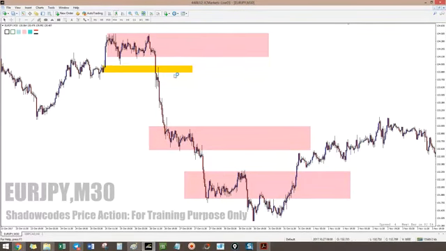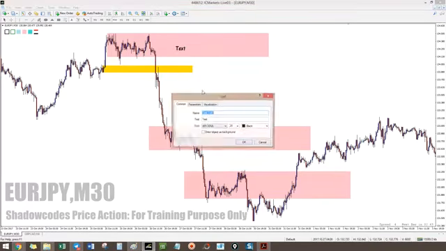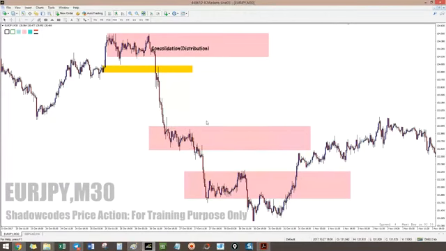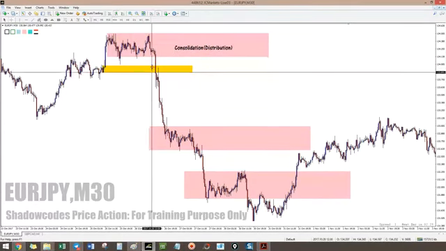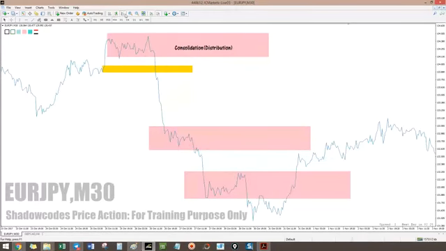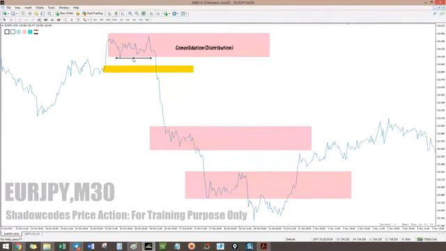Over here, price has already done consolidation, or in this case distribution. So the market just started its move here, and then you enter here because it has already broken the swing. The structure already broke here. Over here there is already a structure breaker.